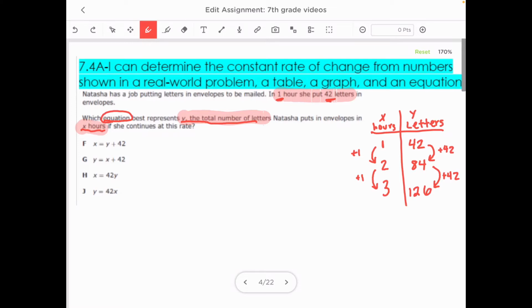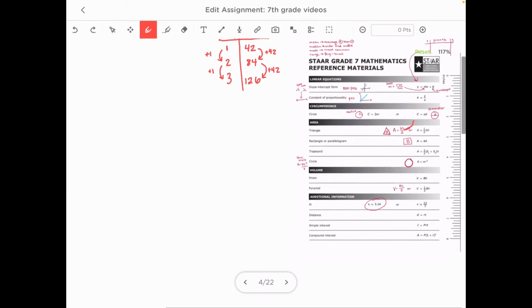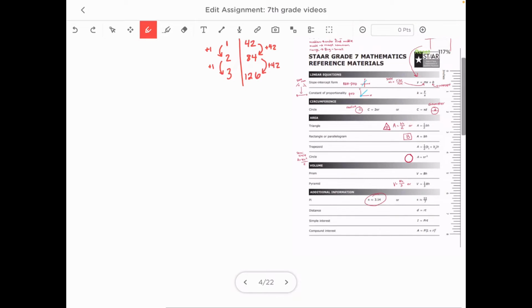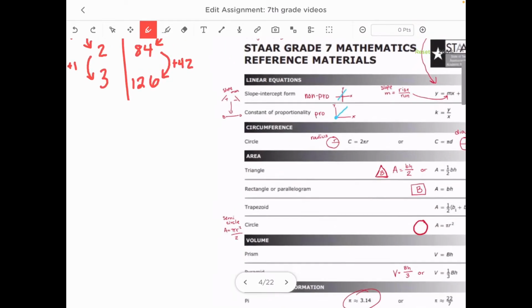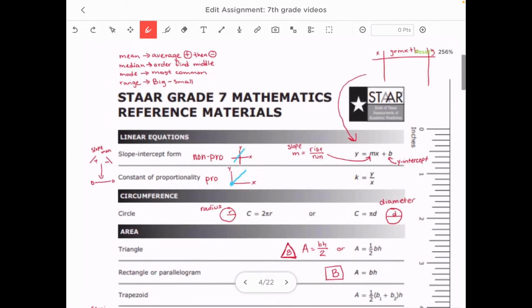Now, in the classroom, I have already presented this to you guys. I like to call them our cheat codes, okay? So we're going to look at our reference chart, and we're going to look at where we see the word equations. So we have two equations here. We have y equals mx plus b, and we have k equals y over x.